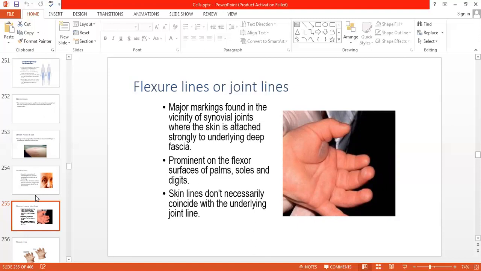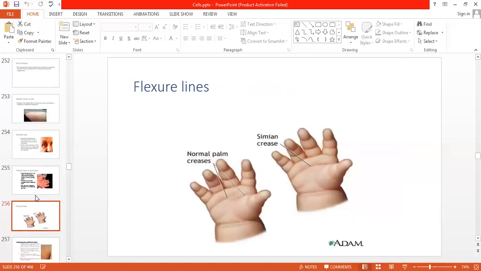Skin lines do not necessarily coincide with the underlying joint line. Here is the figure. You can see the flexure lines, normal palm creases, and simian creases. Some have a single straight line, some have a line broken in two.